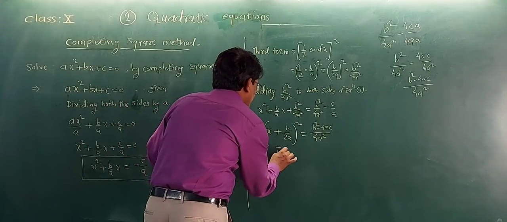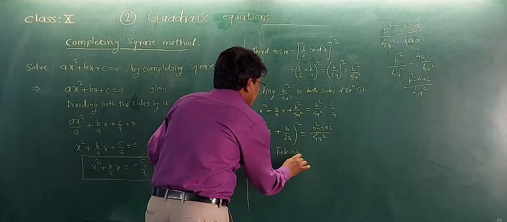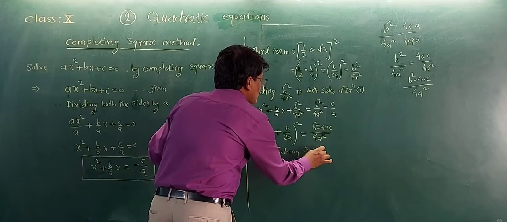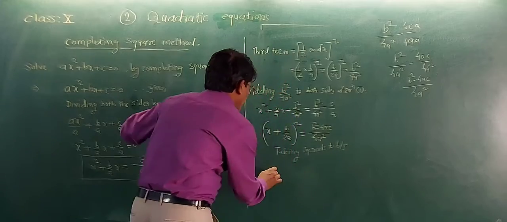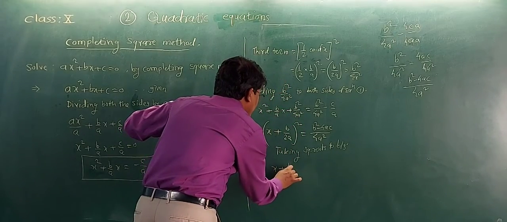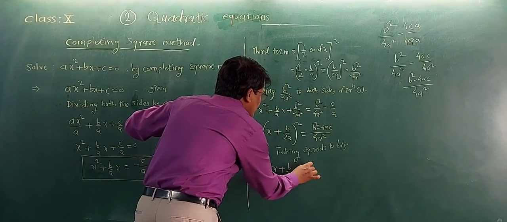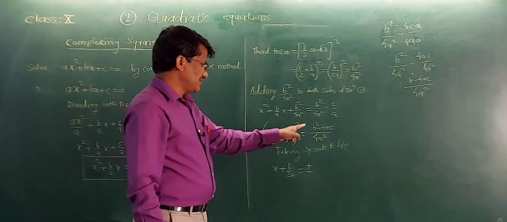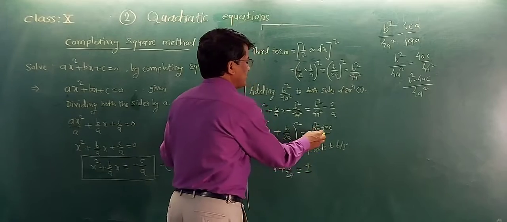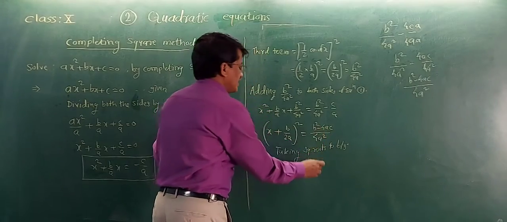Taking square roots on both the sides. So x plus b upon 2a is equal to plus minus, use plus minus. We cannot find the square root of the numerator here because the numerator contains two different terms joined with a negative sign.